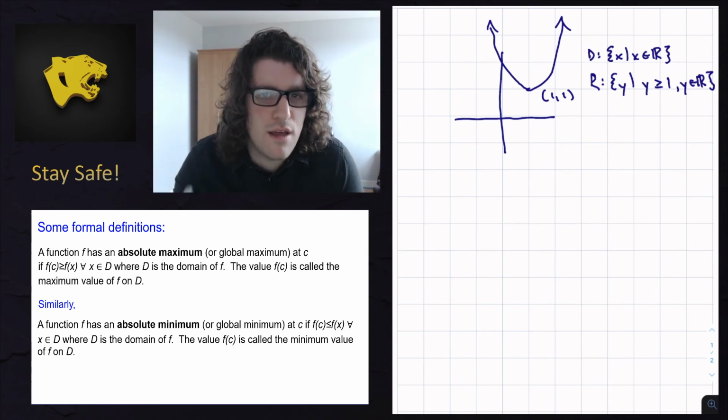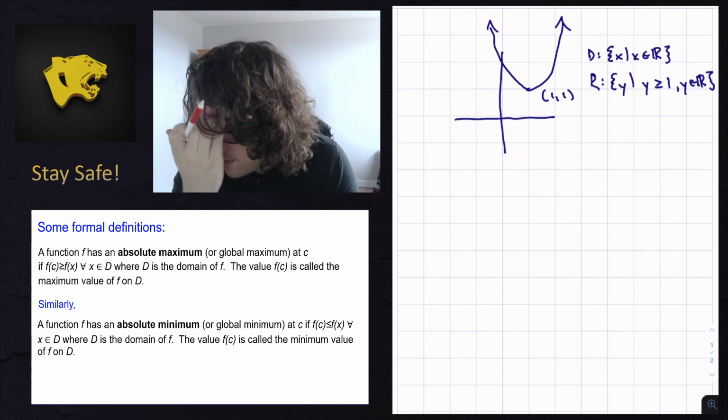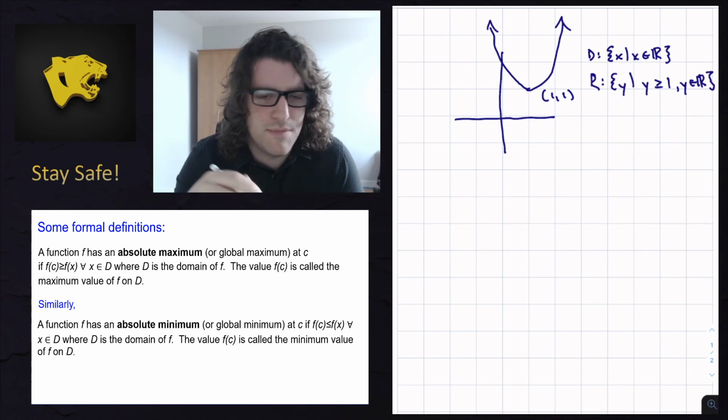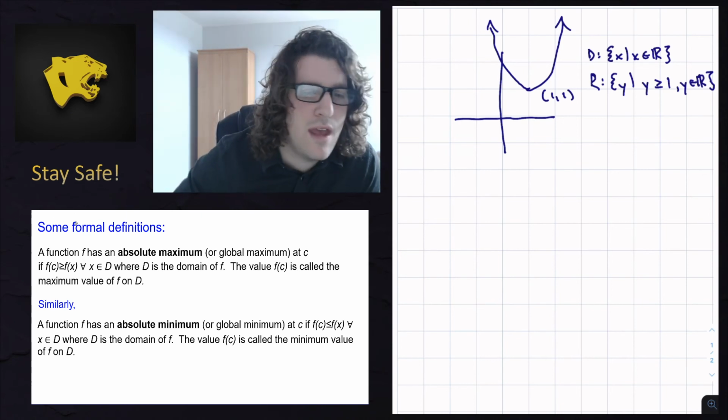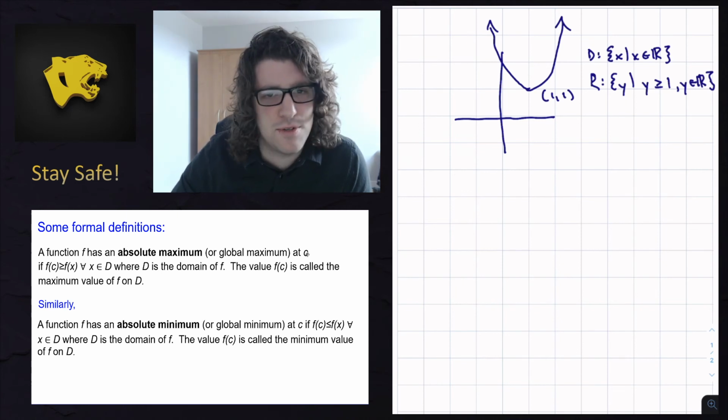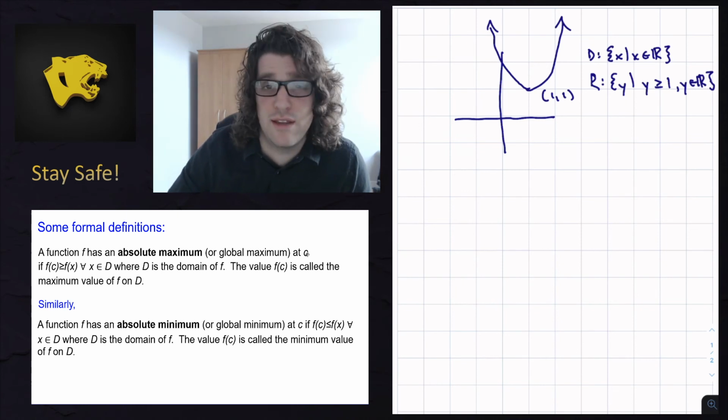So there is nothing on that side of the number line that would exist past the one that you're currently looking at. The way that it's described here is that there is an absolute maximum at a value c. So c is just generic, let's pick this value.